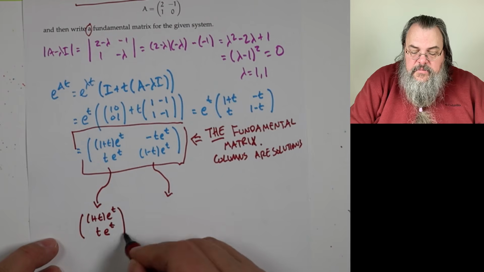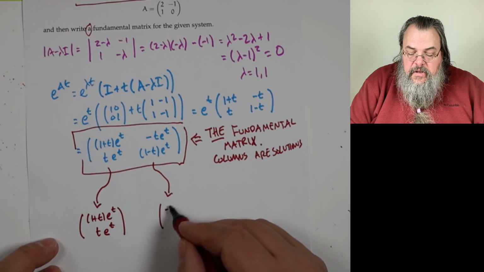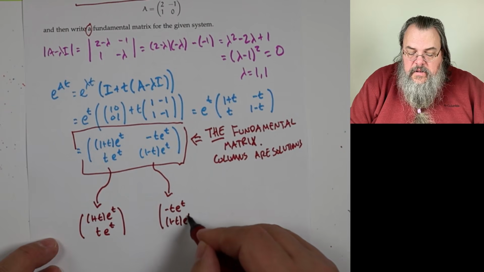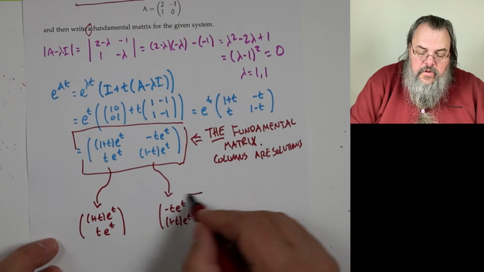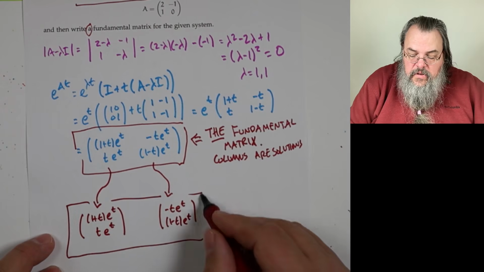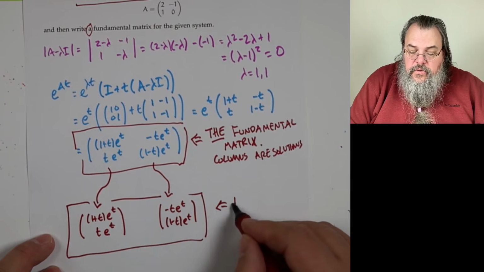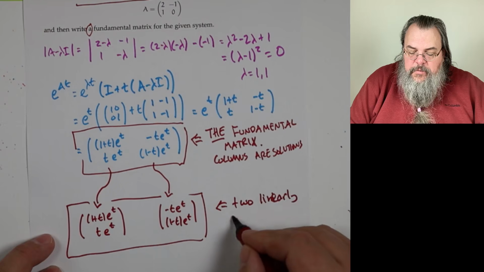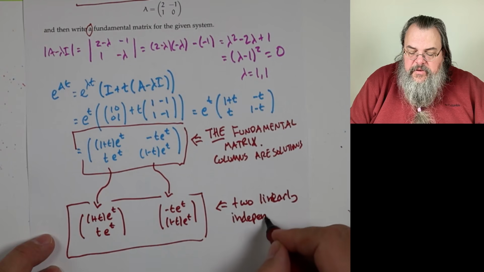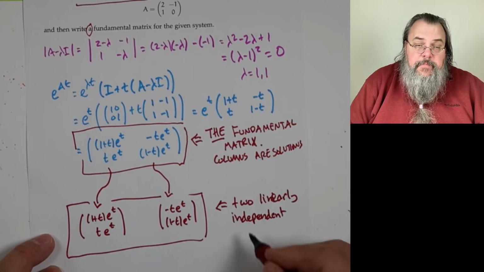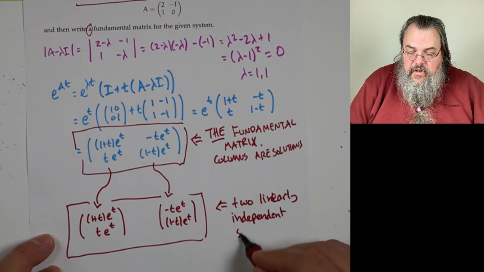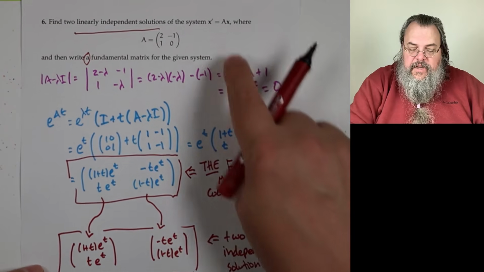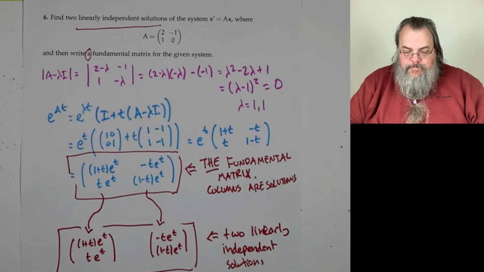So, just writing the columns down. These are our 2 linearly independent solutions. So whenever you have a fundamental matrix, the columns make up a set of linearly independent solutions. And so, in particular, a linearly independent set of solutions for x prime equals Ax.